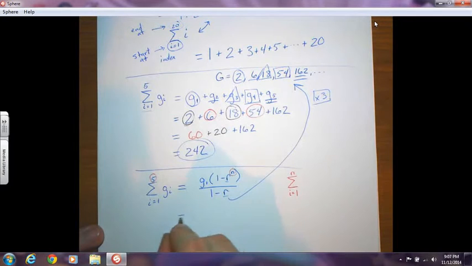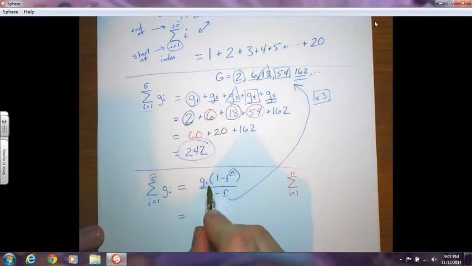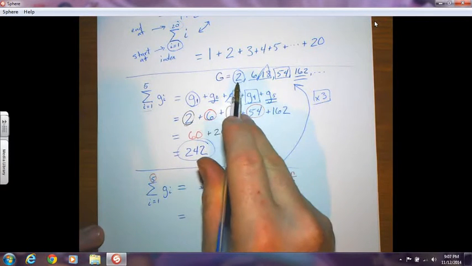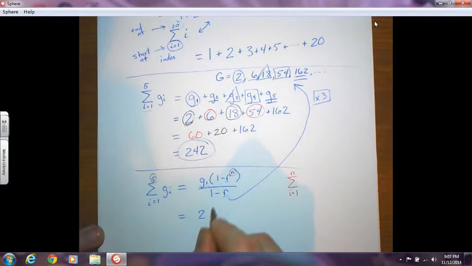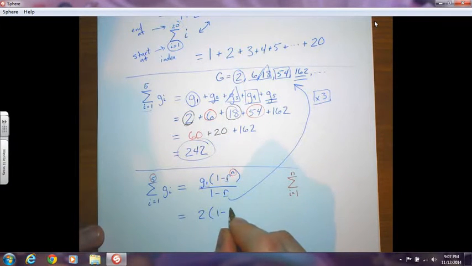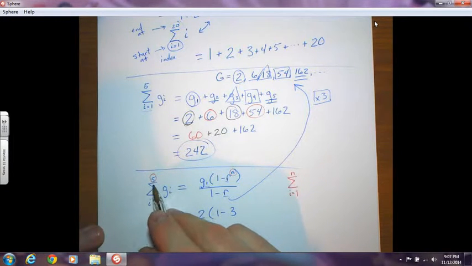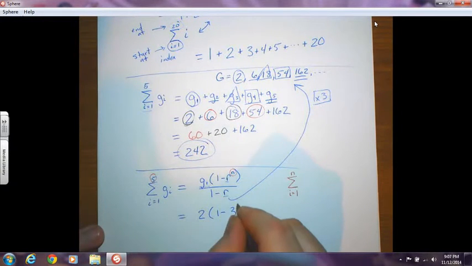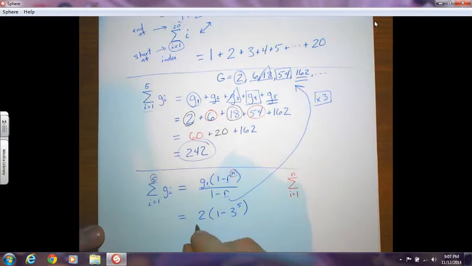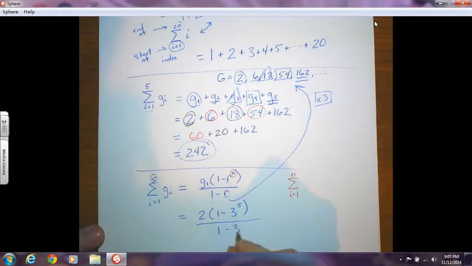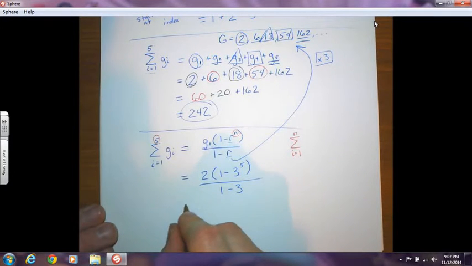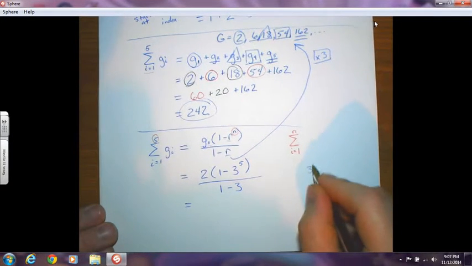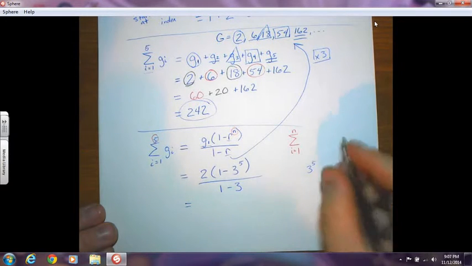So we can rewrite this as G sub 1, the first term, which if we go back up is 2, times 1 minus the r value, which is 3, to the n, which is 5, because we want the sum from 1 to 5. And then we're going to divide that by 1 minus that r value again, which is 3. Now, to simplify this a little bit, 3 to the 5th is really the problem if we don't have a calculator.